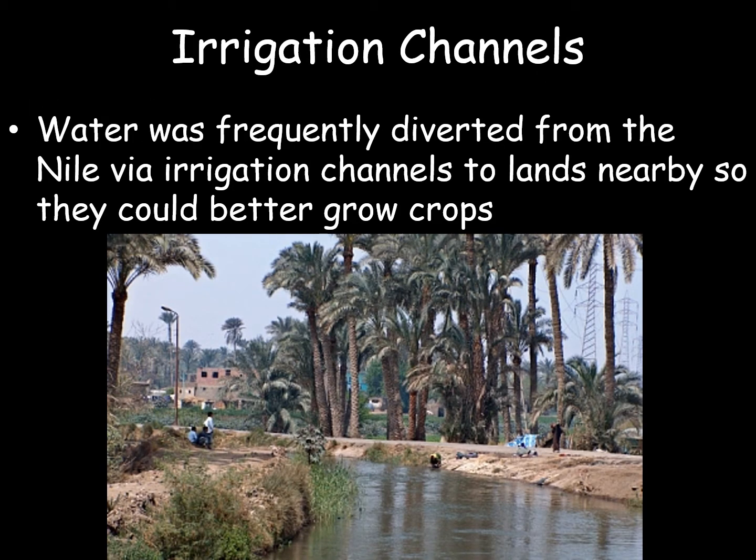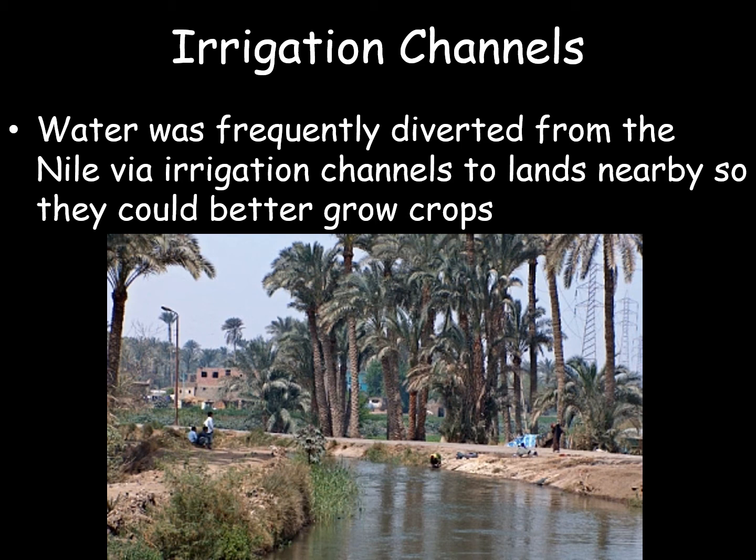Looking back at the map of the Nile River, you'll see the green areas along the river. Those look like small areas, but that's where they actually farmed. Everything else was desert. There was desert on the right and desert on the left, and then there's just real fertile area right near the river where they could farm.